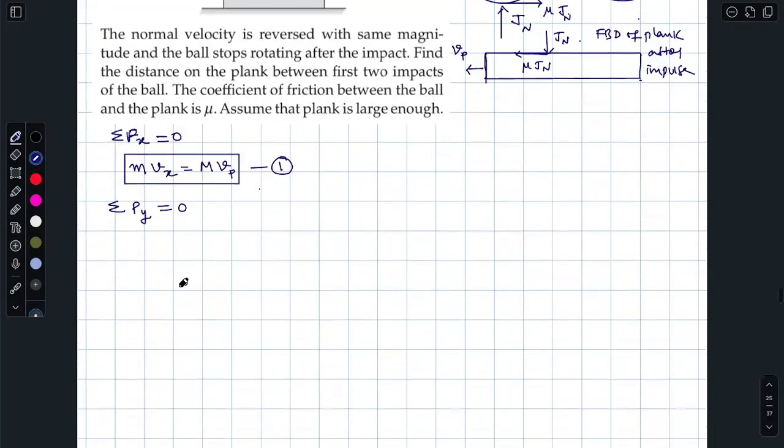Sigma Py is equal to 0. Any doubt? Now sigma Py is equal to 0. For whom do you apply it? For the sphere. So what happens? Jn is, you said it reverses its direction.